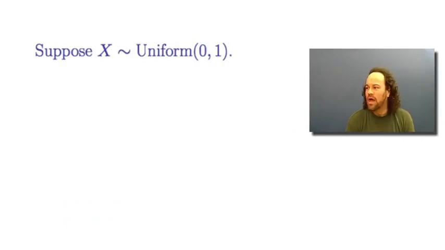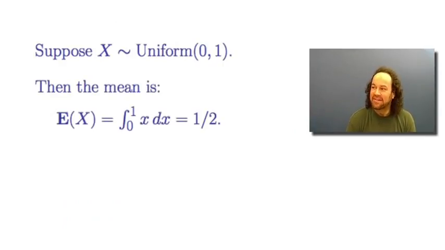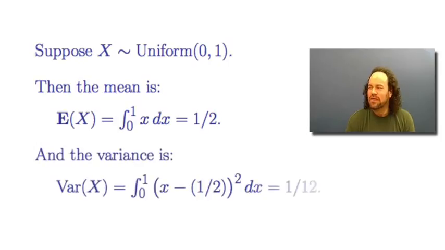But for example, if we had a random variable which was uniformly distributed on 0, 1, then the mean would be the integral of x dx from 0 to 1, which is a half, which is what you might expect. And the variance would be, well, x minus that mean of a half all squared, and then integrate that from 0 to 1, and that works out to 1/12.